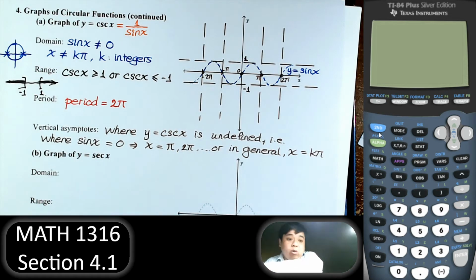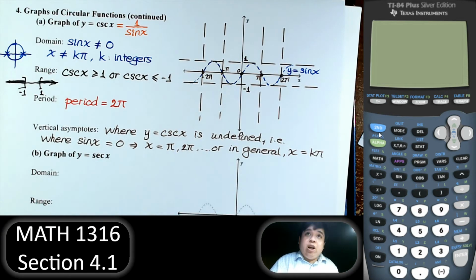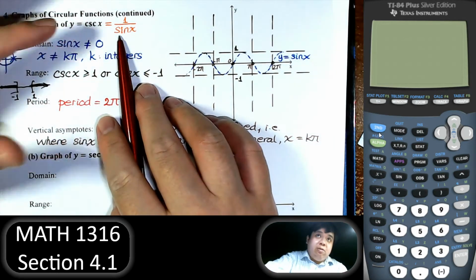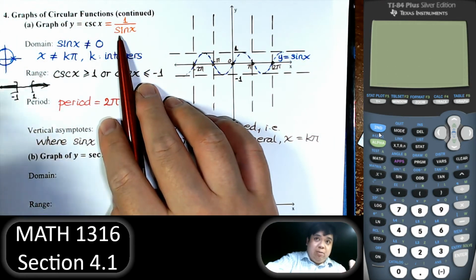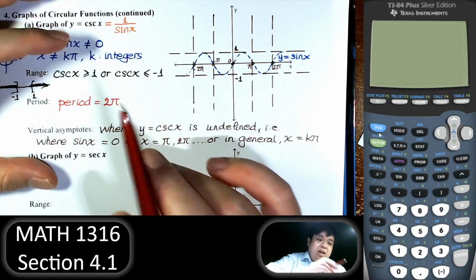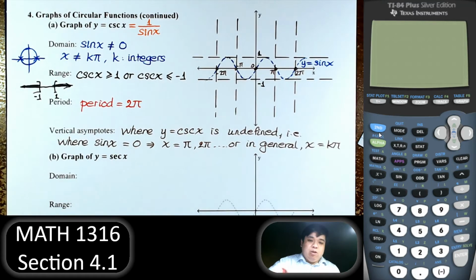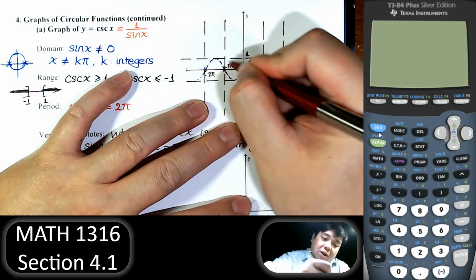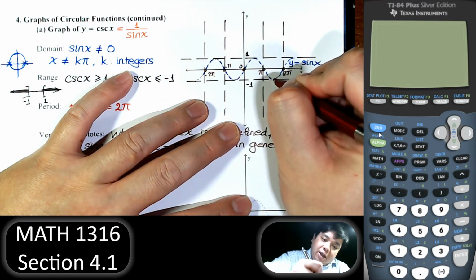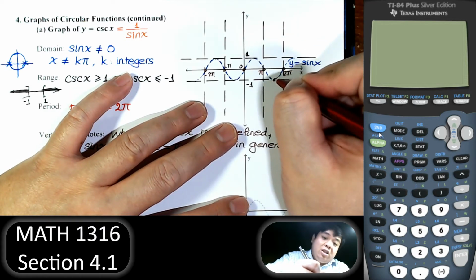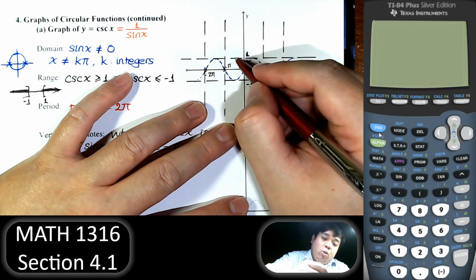Now, what will the graph of the cosecant look like? One thing we know is that if sine is positive, 1 over sine is positive. If sine is negative, 1 over sine is negative. And the graph has to be outside of -1 and 1. So if this is the graph of sine in the middle, where it's equal to 1, 1 over 1 is still 1, and 1 over -1 is still -1.